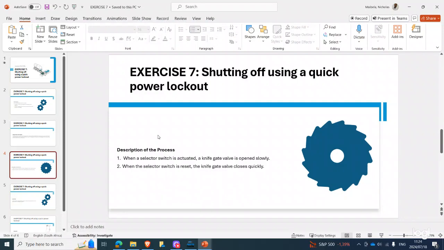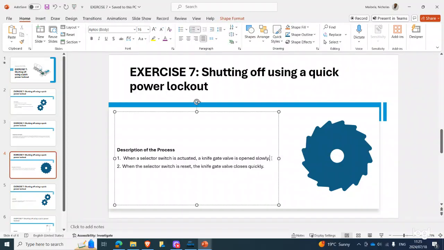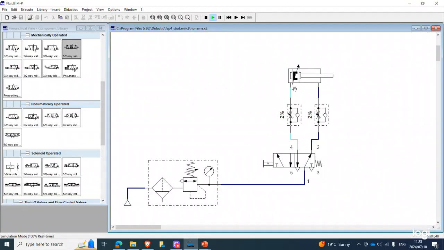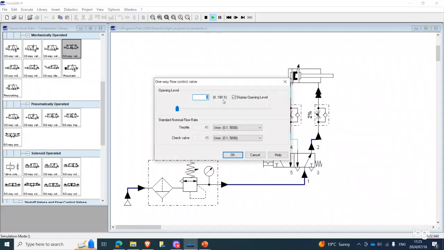So now, since they are saying the air goes in slowly but comes out quickly, all right? It means we need to slow down the air when the cylinder is advancing, which means we need to slow it down on the supply side, right? So we can put this at 100, right?